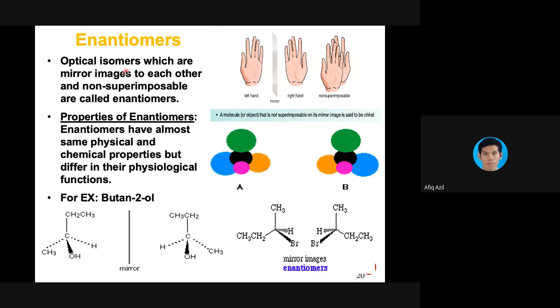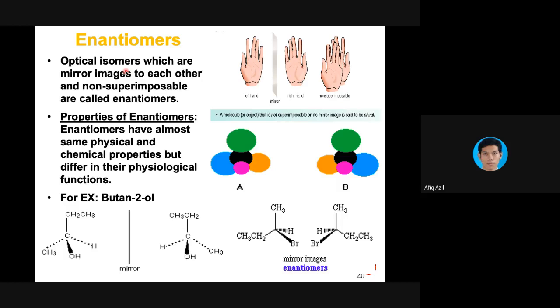Now on to the term enantiomers. So enantiomers are actually optical isomers. Earlier we determined how you are going to determine whether a compound contains optical isomers or not by doing the plane polarized light test. If it rotates to the left, it will be levorotatory.